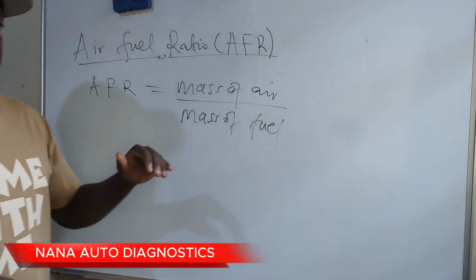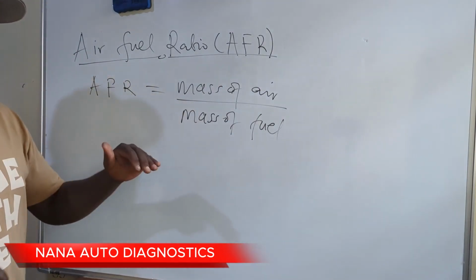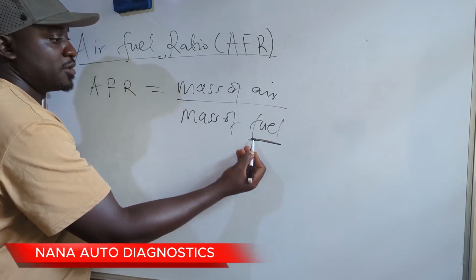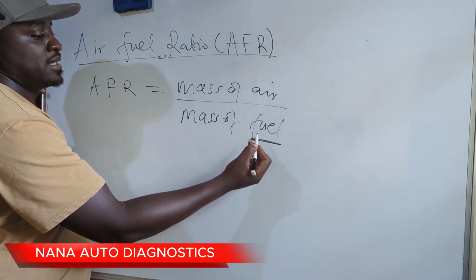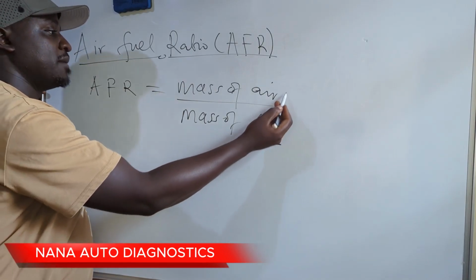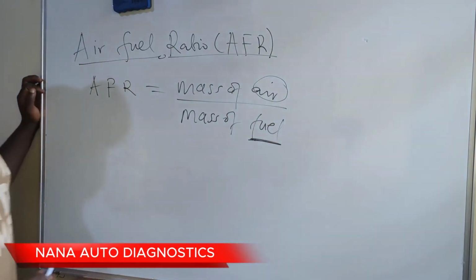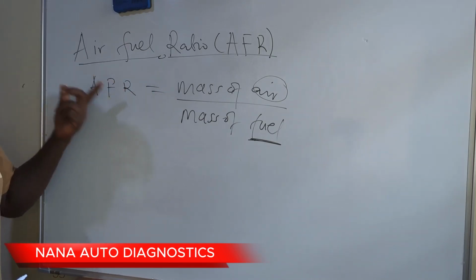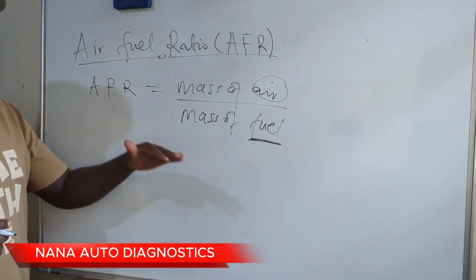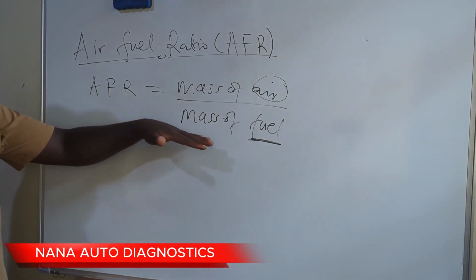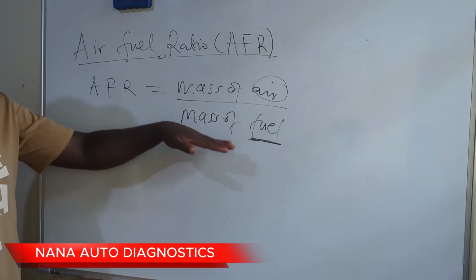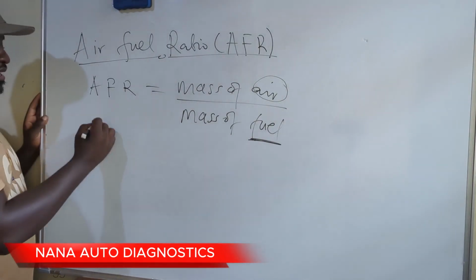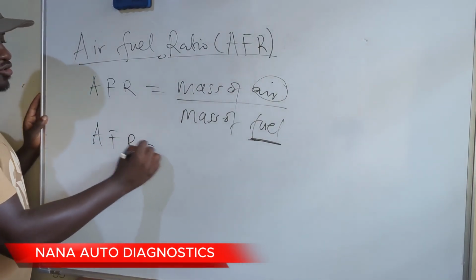Now, for any engine to run smoothly, or for any fuel that is supplied to be completely burnt, it must be accompanied by a given mass of air. And this is summed in what we know as the air-fuel ratio. So whenever a given amount of fuel is completely burnt by a given amount of air, we can say that that mixture is stoichiometric.